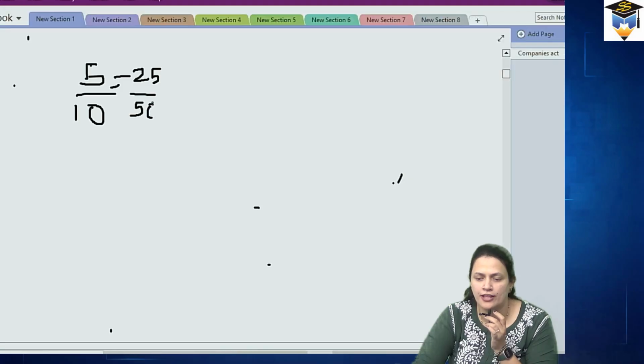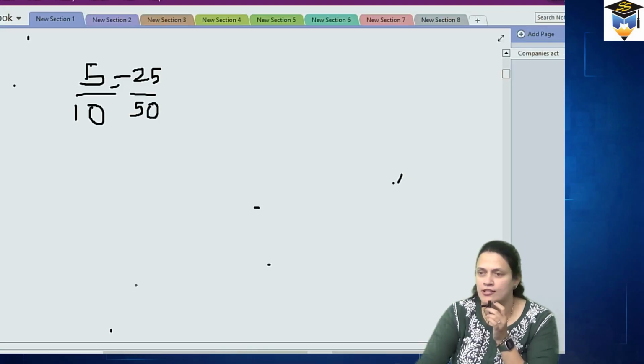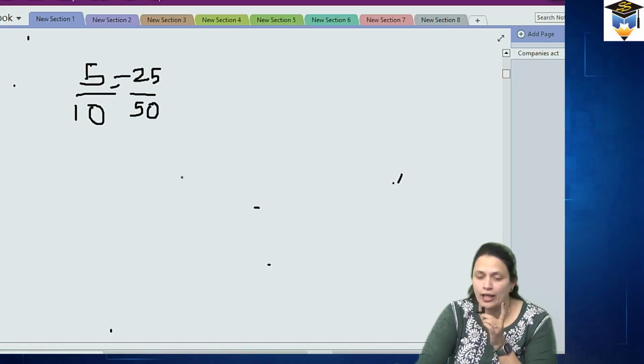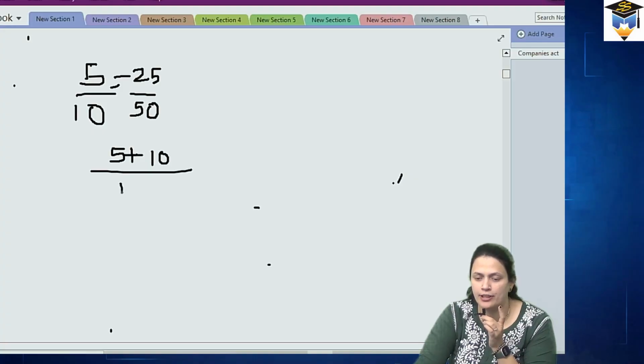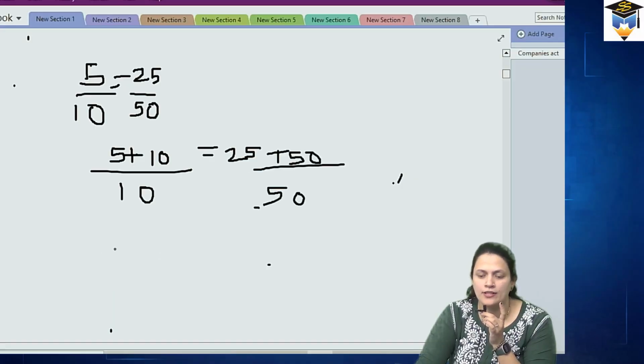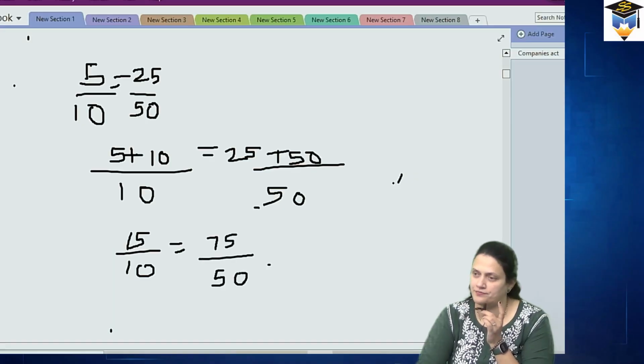So when we take componendo, you have to add the denominator on both sides and keep the denominator as it is. So now in this case, can we say 15 upon 10 is equal to 75 upon 50? So this is called componendo.